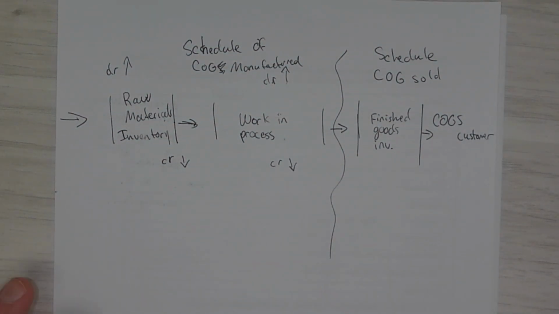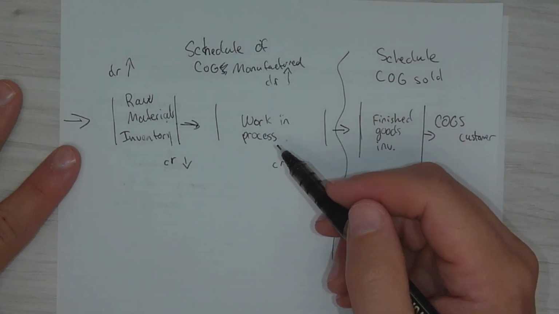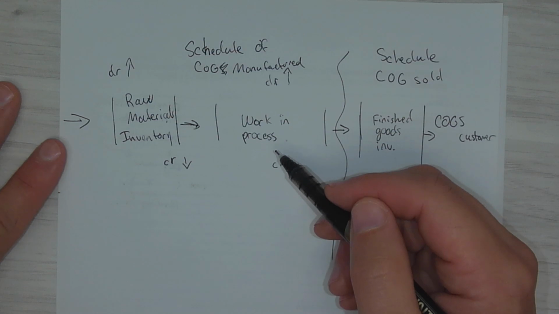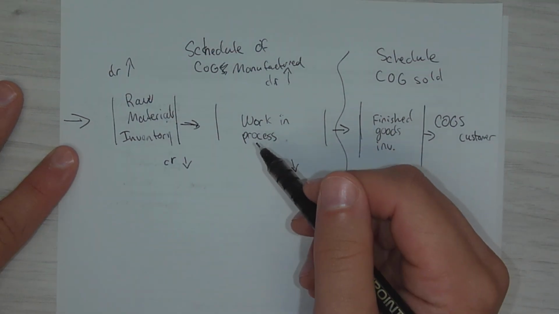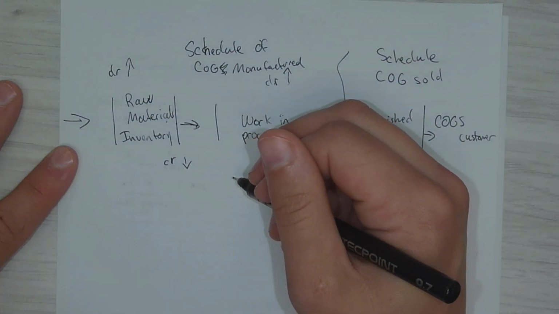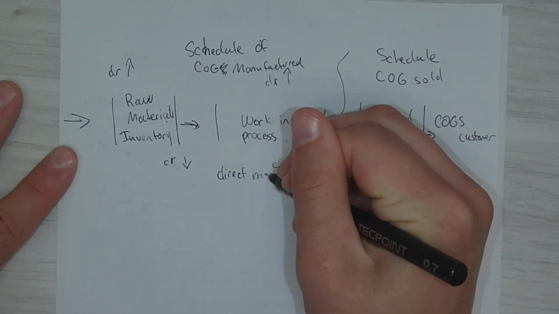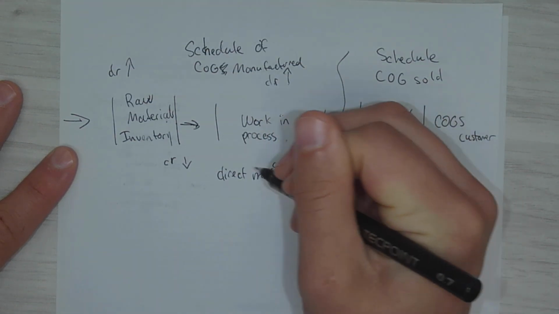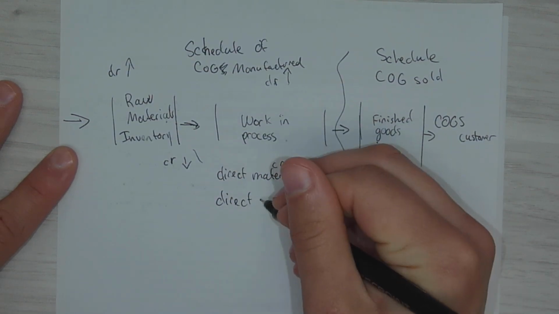Now, a couple of things to note. Our work in process, we know from earlier in the chapter, as we determine our work in process, there are three costs to our manufacturing. We're going to have our direct material, which will come from our raw materials. We'll have our direct labor, which will be directly applied.